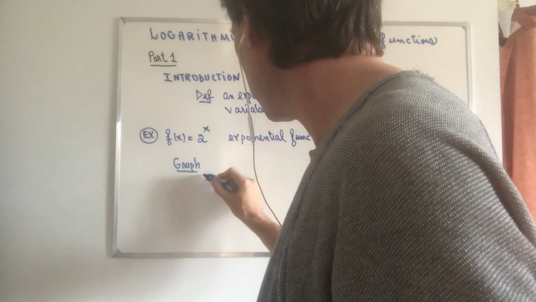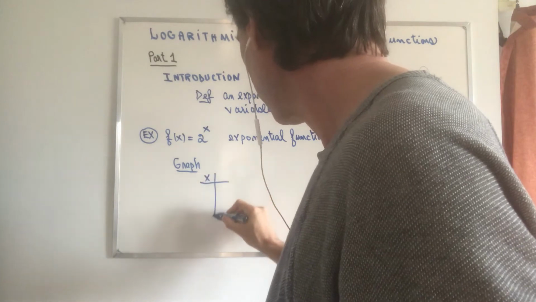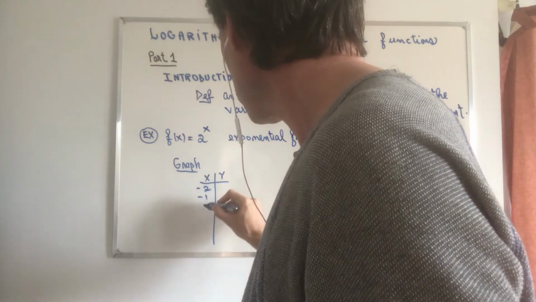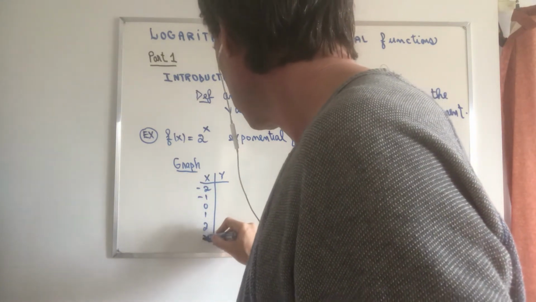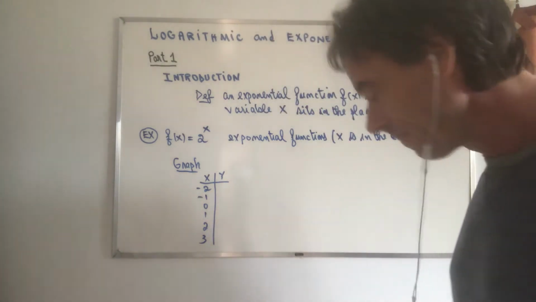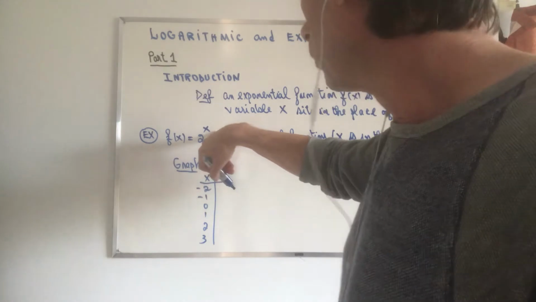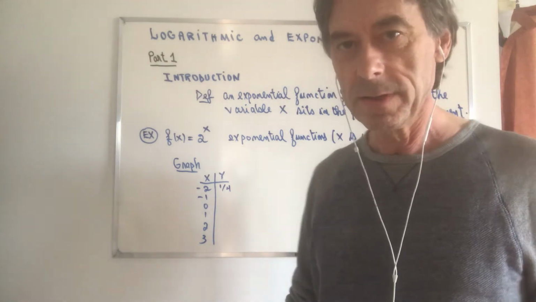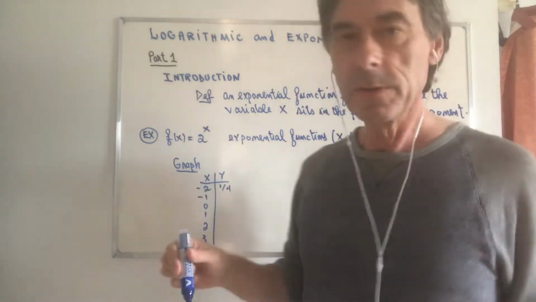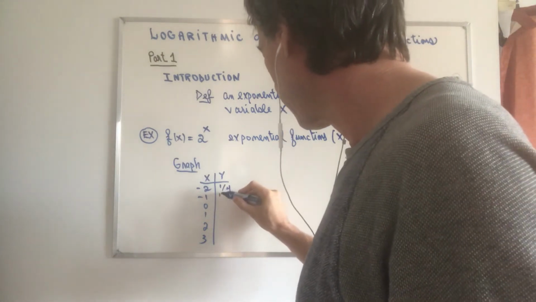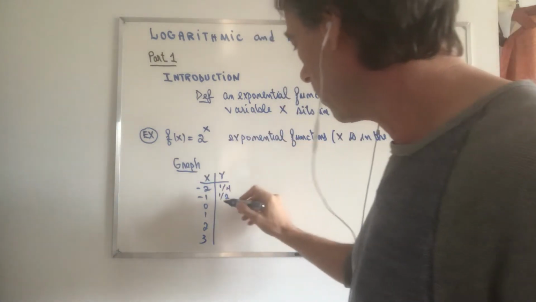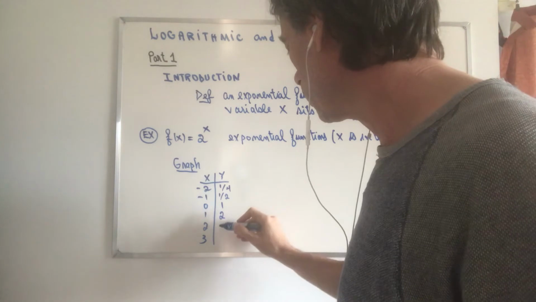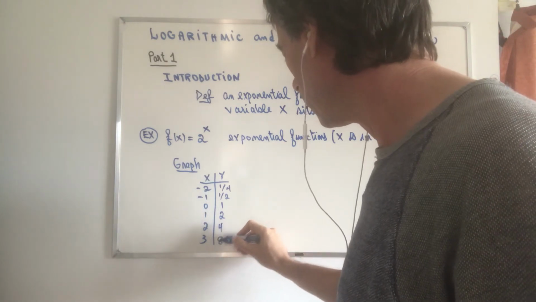So let's pick a couple of x's and y's: minus 2, minus 1, 0, 1, 2, and 3. 2 to the minus 2 is 1 over 2 to the 2, which is 1/4. 2 to the minus 1 is 1 over 2 to the 1, that's 1/2. 2 to the 0, anything to the 0 is 1. 2 to the 1 is 2. 2 to the 2 is 4. 2 to the 3 is 8.